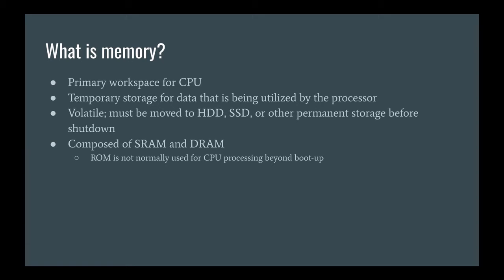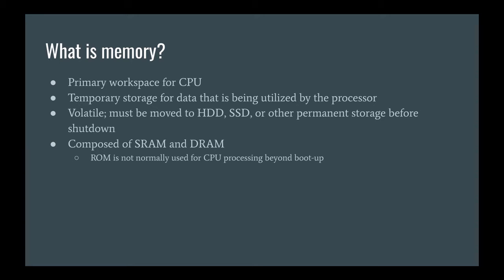So you need to move it to your hard drive or a solid state drive or other sort of permanent storage before shutdown. It's also one of the reasons why it's recommended to have an uninterruptible power supply, or UPS, for your computer, so that there's a few minutes of power available so you can gracefully shut down your computer and not lose any data that you're working on.